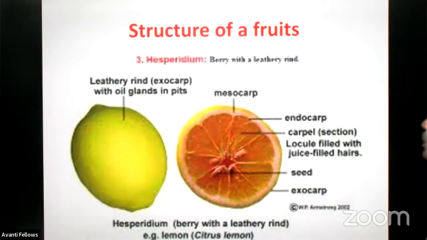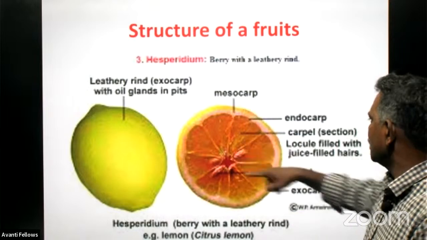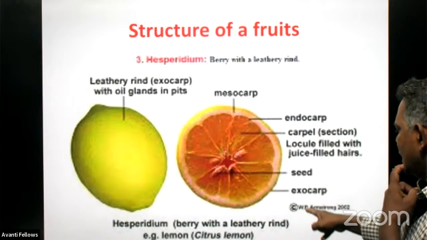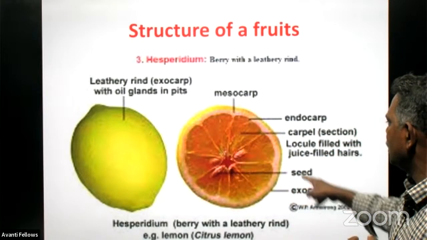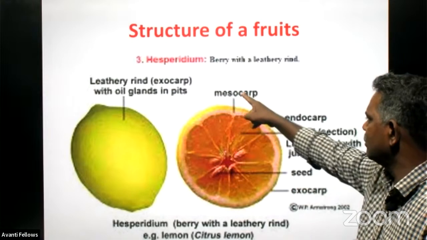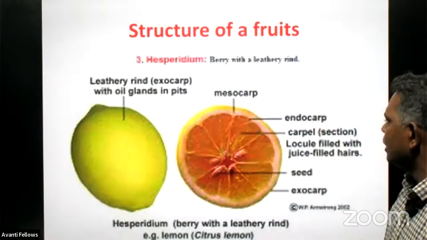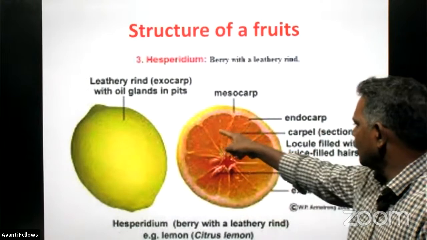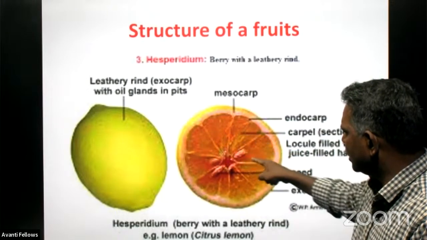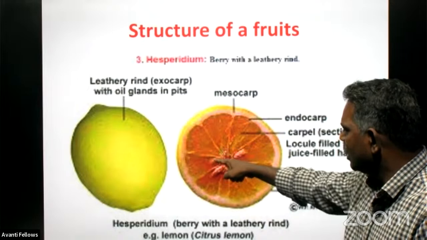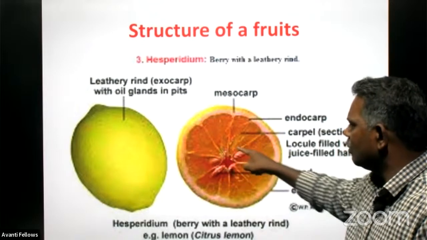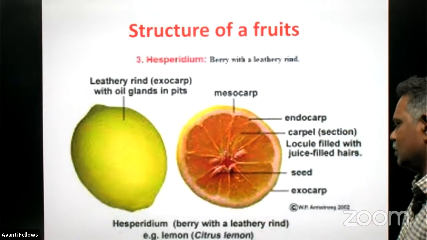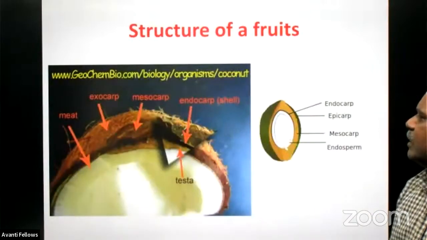Same thing you can see with the mesocarp, endocarp, and exocarp here, the outermost layer. This is the middle layer, the mesocarp, and this is the inner endocarp. And these are the locules, where we can find the ovules, and after fertilization every ovule becomes a seed, right?